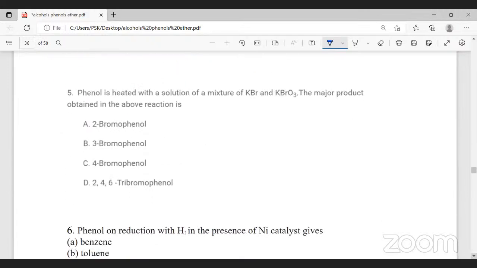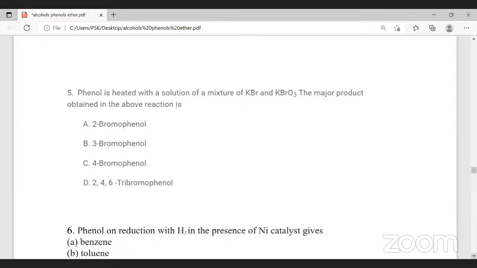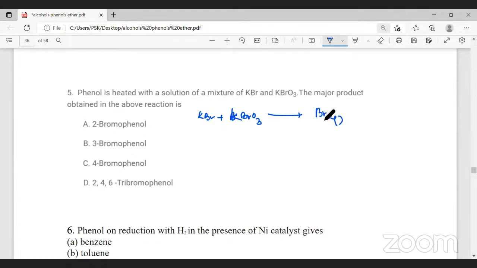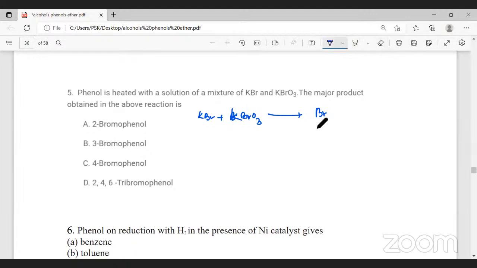This is same. Phenol is treated with a solution of mixture of KBr and KBrO3, potassium bromide and potassium bromate. The major product obtained in this reaction is, now it is confusing, but the answer is simple. KBr reacts with KBrO3 to form bromine aqueous, Br2 aqueous.